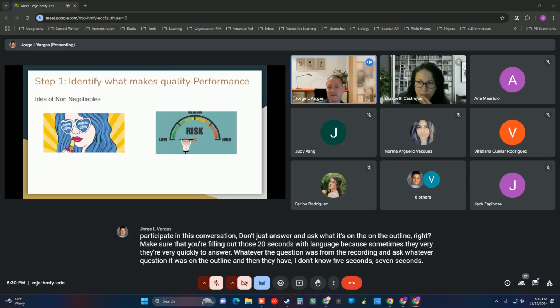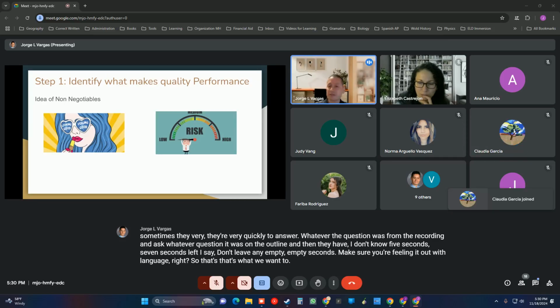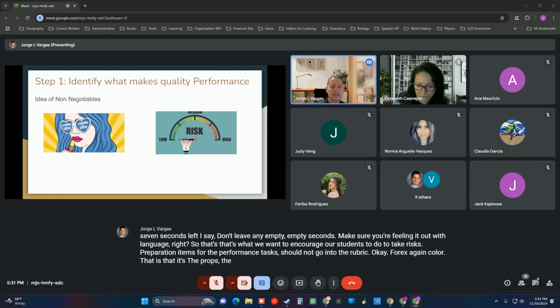Preparation items for the performance task should not go into the rubric. Again, color, the props, what else goes into the preparation of a presentation, maybe the voices they could make, humor, if we want them to be very lively. Well, the idea is to be engaged and really get into the character.